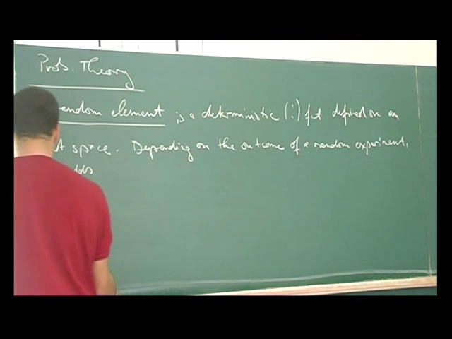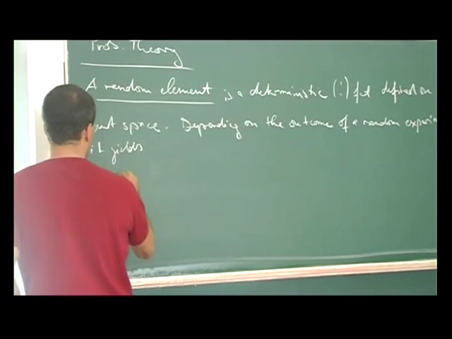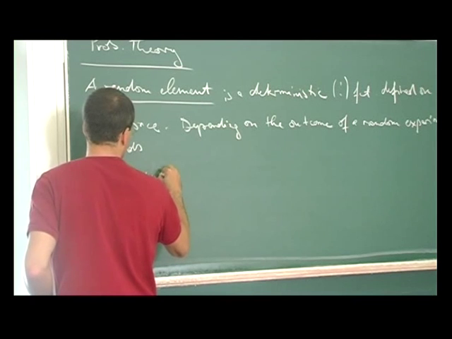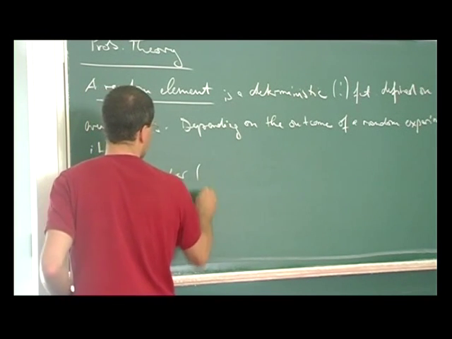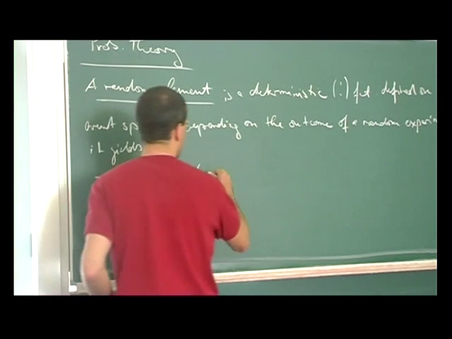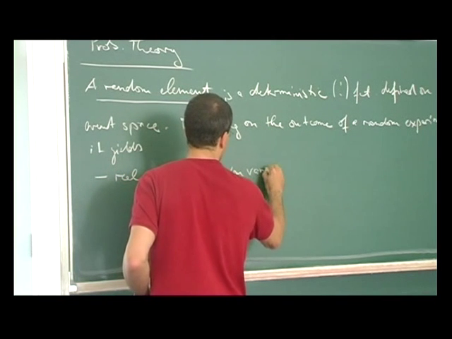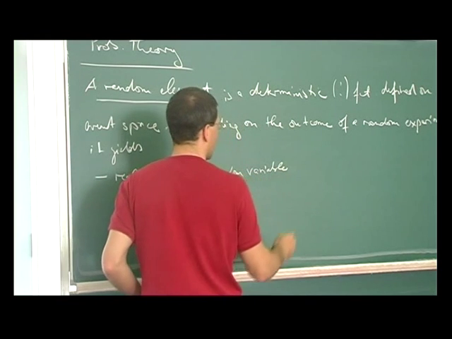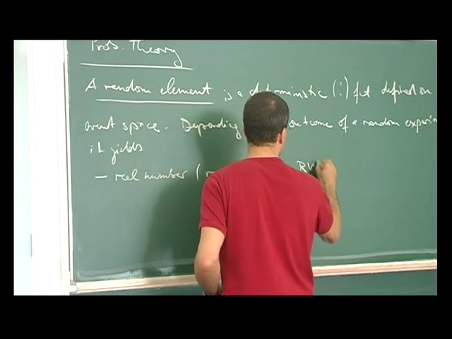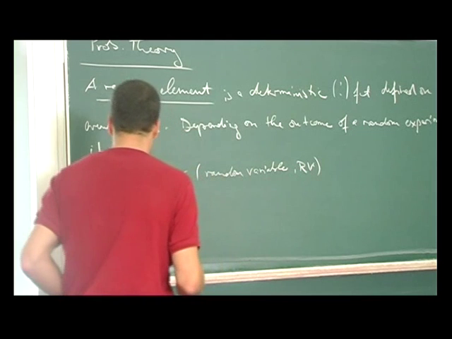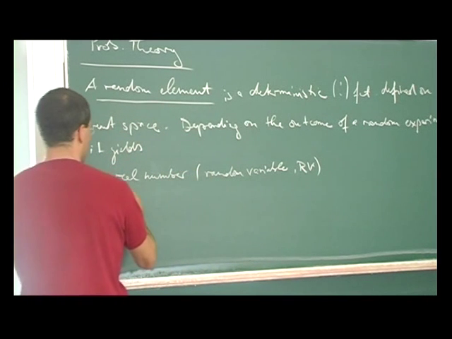It could either give a real number, and this is strictly speaking the case in which we can talk about a random variable, or RV for short, or it can give us a vector of numbers.